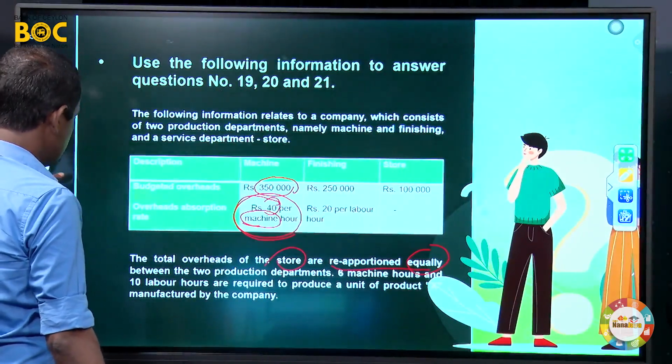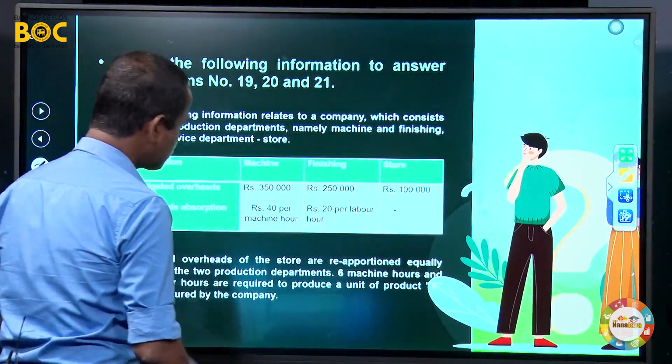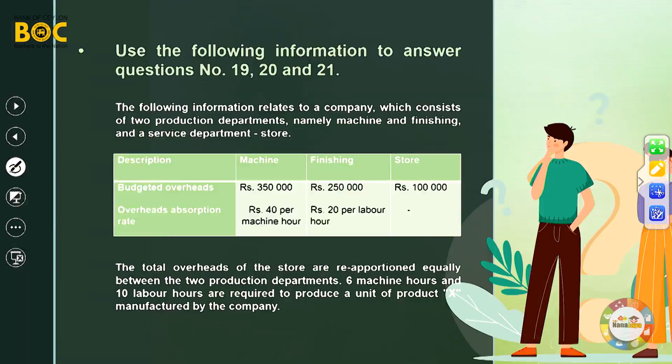You can use the details. This is your finishing department. The finishing department overhead absorption rate they have calculated. How much? 20 rupees.